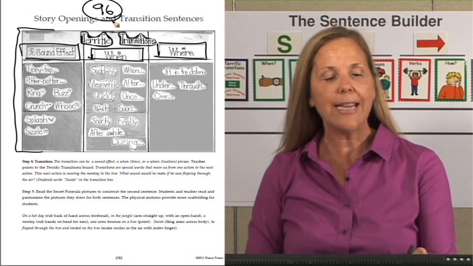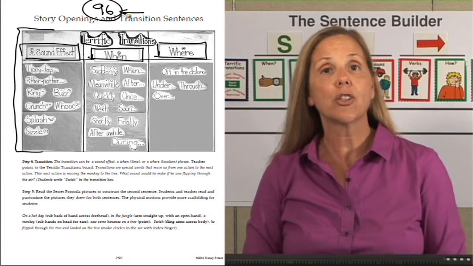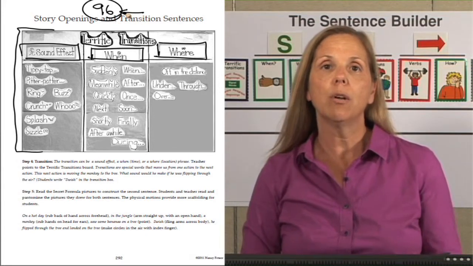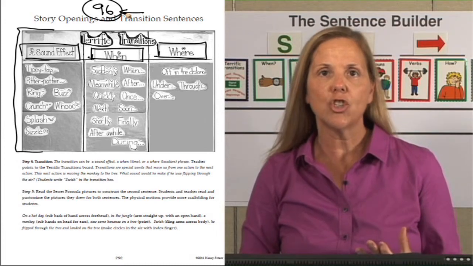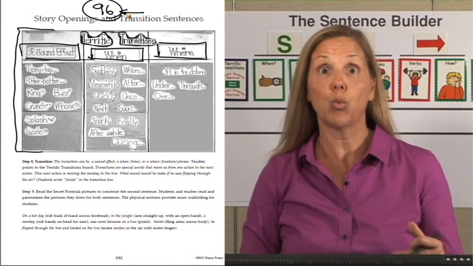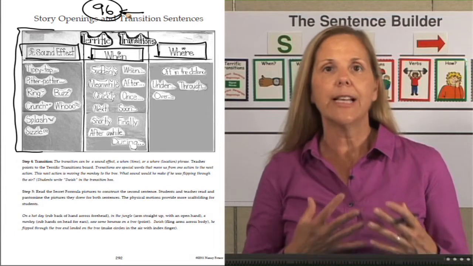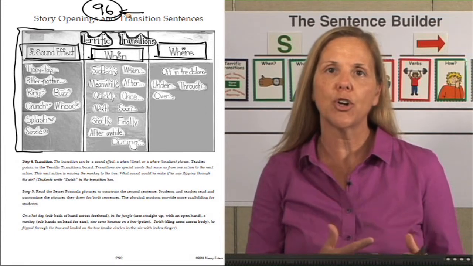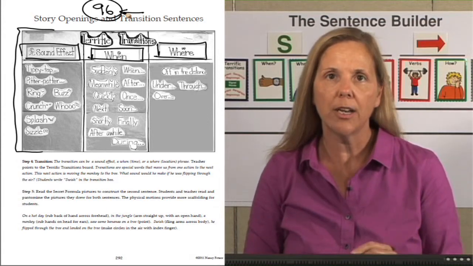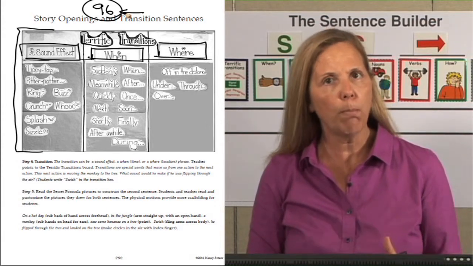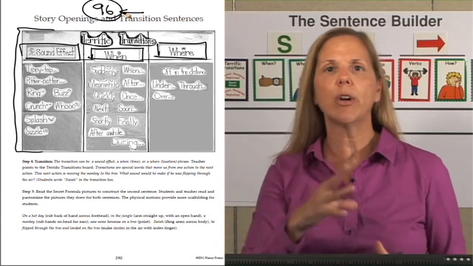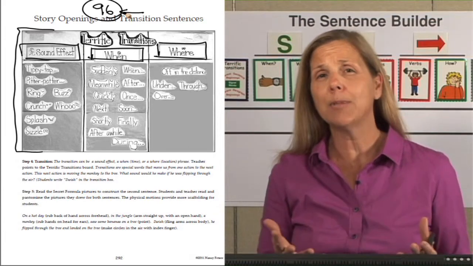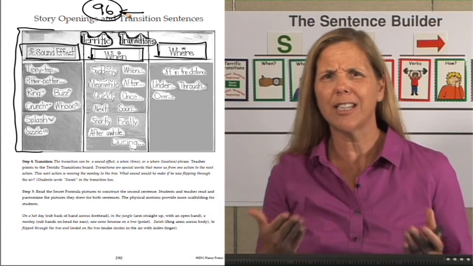On page 96, in the narrative section of this manual, you will also find another transition sheet that you could display for your students that's ready-made. Regardless, you want them to have many different transitions that they can refer to with the function of the transition. That's the whole point. If students just see a bunch of transitions up on a wall, many times they don't use the correct transition. It doesn't make sense.